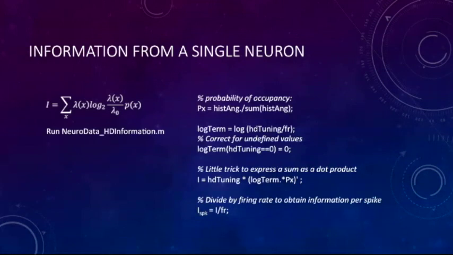But for a head direction cell, like the one I give you in the data, you will typically get about 1 bit of head direction information per spike. This is a very normal value to get.